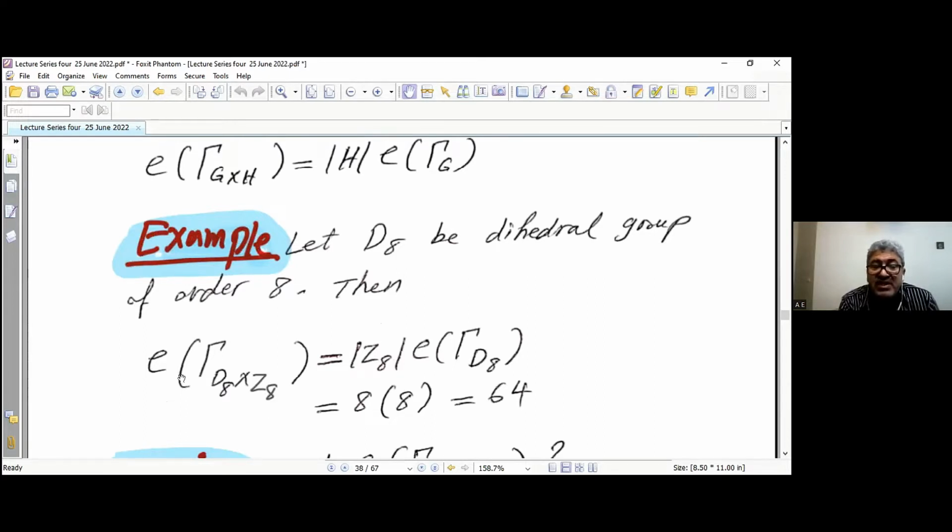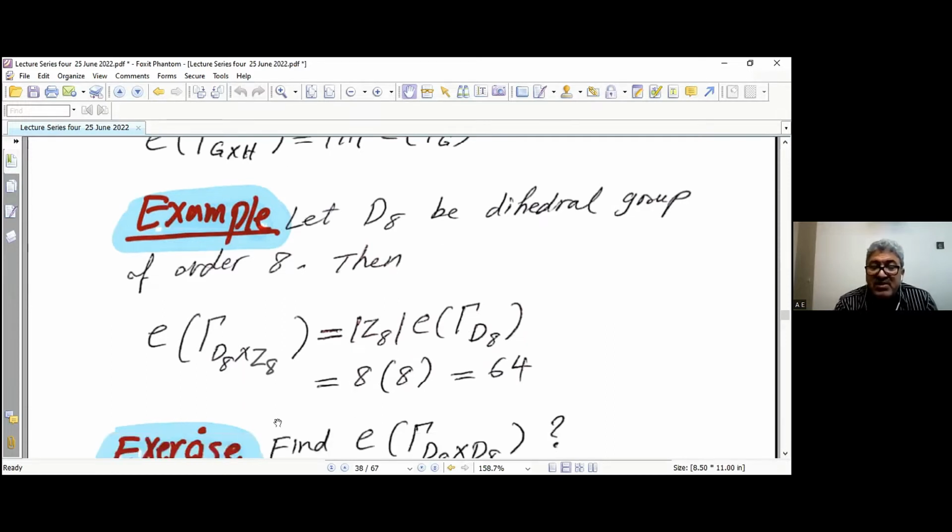So the energy of the non-commuting graph of the direct product of the dihedral group of order 8 and the cyclic group of order 8 is the order of the cyclic group, which is 8, times the energy of the non-commuting graph of the dihedral group of order 8, which is also 8. So 8 times 8 is 64.